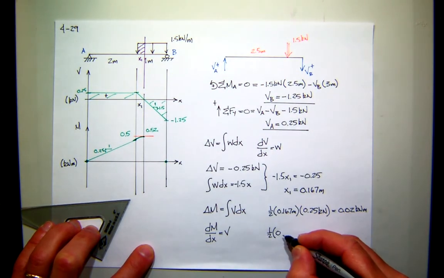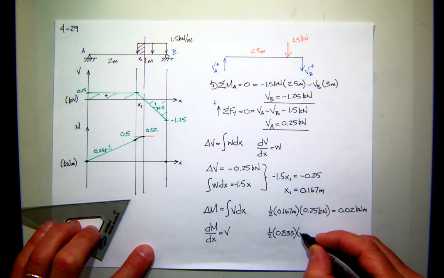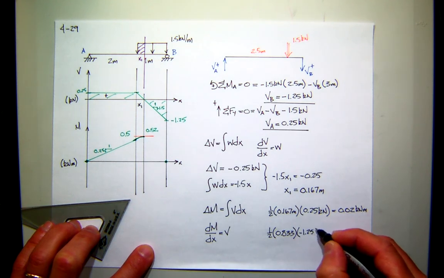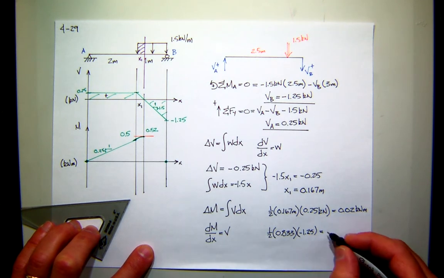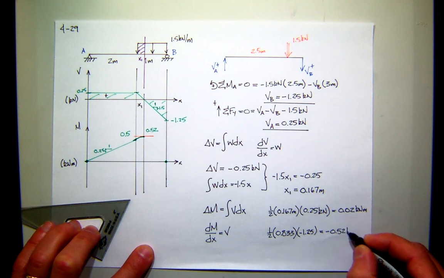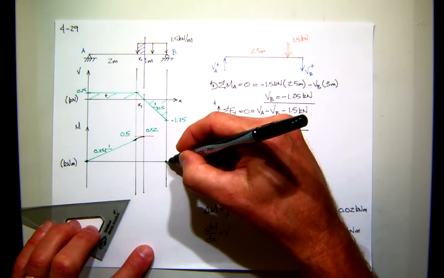So that means it's 0.833. Yes. Yep. And then the height is minus 1.25. Hopefully that will be negative 0.52. It is. So that brings us back to 0.